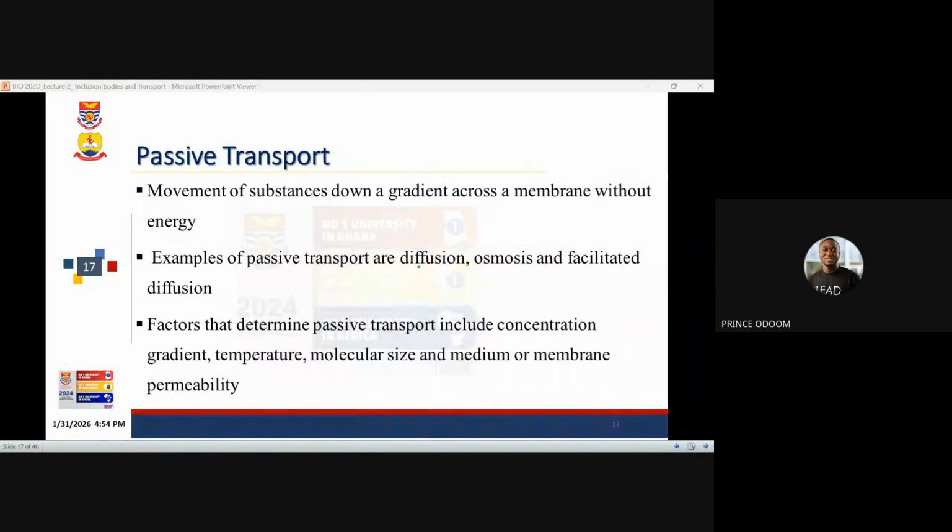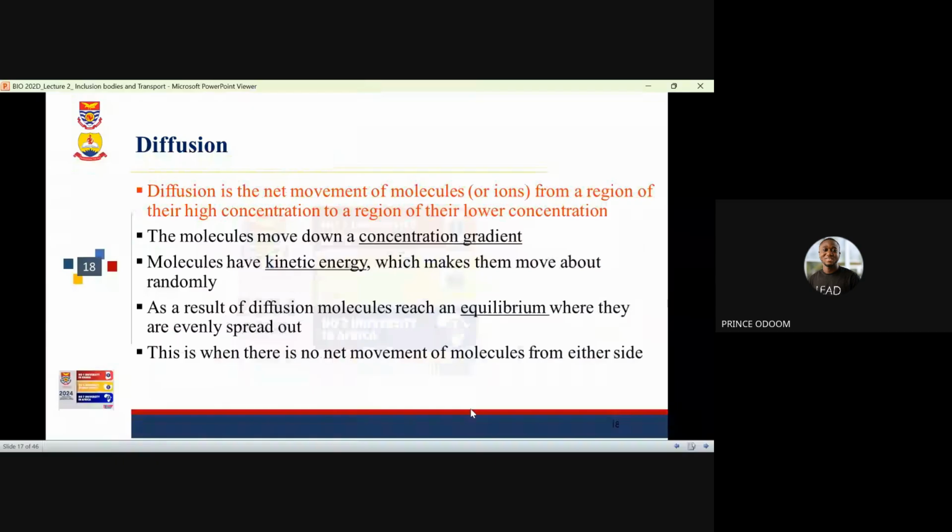So though they move from a higher to a lower concentration, their movement is facilitated. With diffusion, the molecules freely move through the phospholipid bilayer from one end to the other. Factors that determine passive transport include concentration gradient, temperature, molecular size, and medium or membrane permeability. We'll look at that in the subsequent slide.